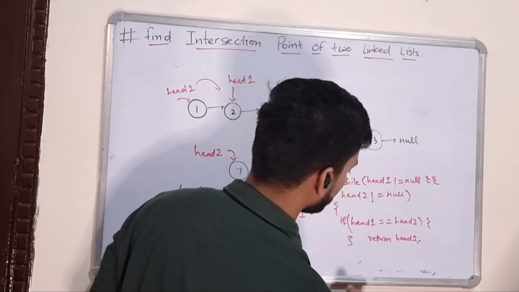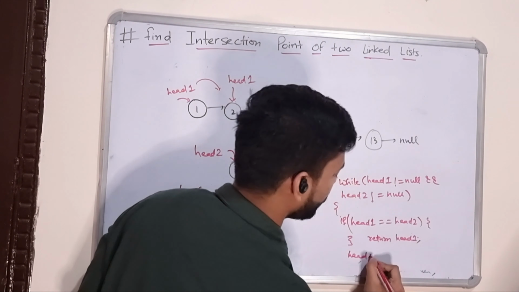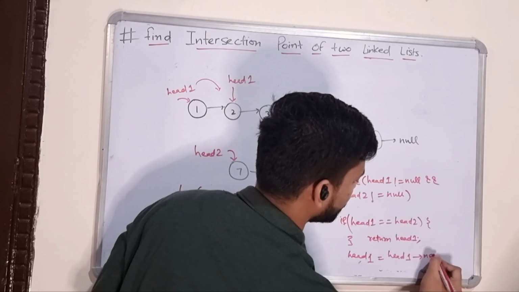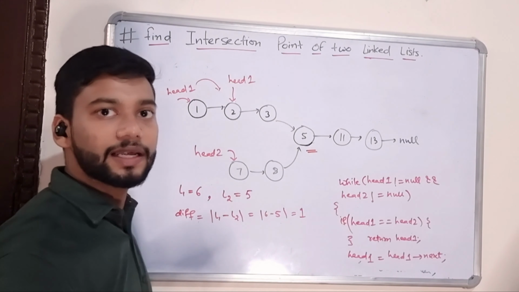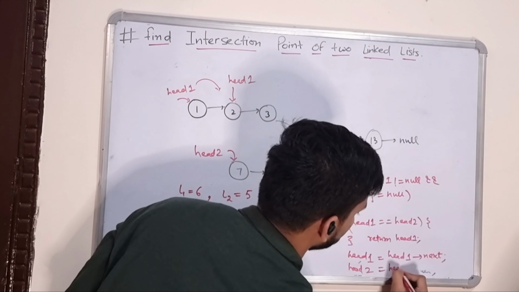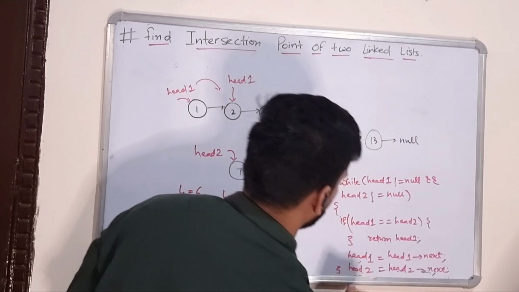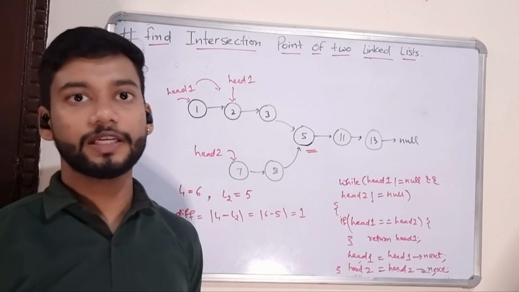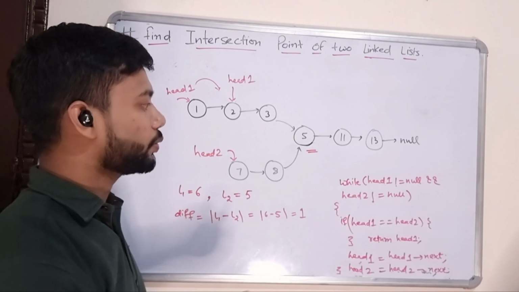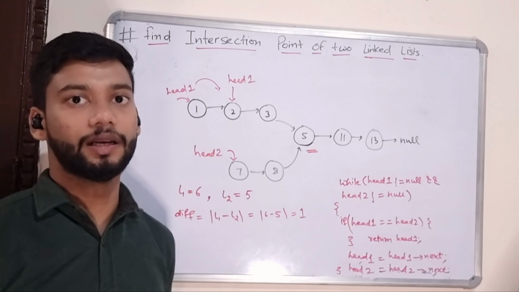If not, then we will move both of the heads one step ahead. Head 1 is equal to head 1 next, and similarly we will move head 2. In case we come out of this loop, that means head 1 or head 2 has reached null. So we can say that there is no intersection point and we can return null.